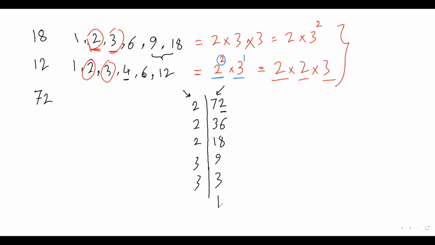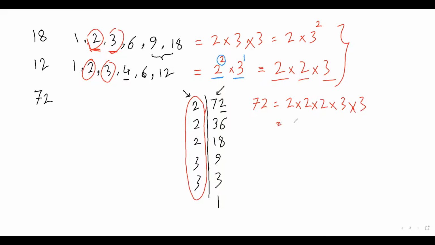So I have listed all the prime factors of 72. Now what I'm going to do with that: you write 72 here, and 72 can be obtained by just multiplying these numbers on the left that you have obtained by this division. So basically we have 3 2s and 2 3s, right?